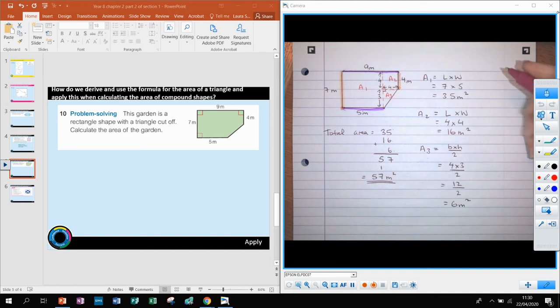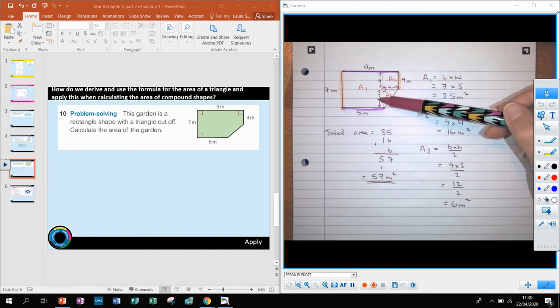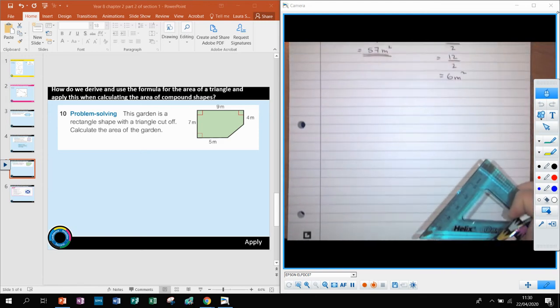Right. So that involved 3 shapes. So 3 separate steps, even more steps if you include looking for these lengths. Okay, so let's draw this again and look at another way to solve this.